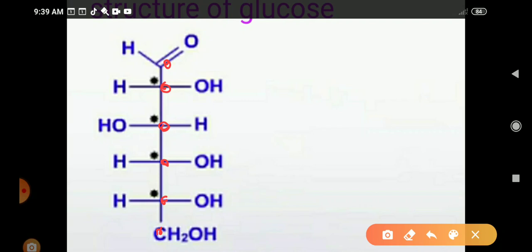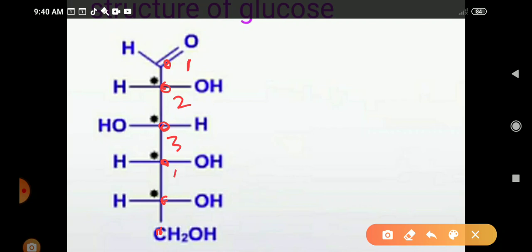All these carbon atoms are in one chain, so when you are representing this structure, write it in one chain. And the first carbon, the functional group is the aldehyde group, so that carbon should be numbered first. This is the second carbon, third.